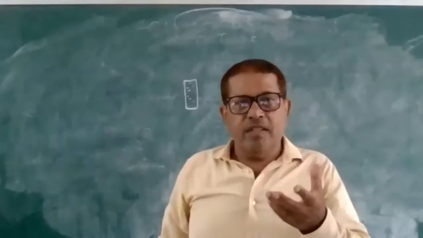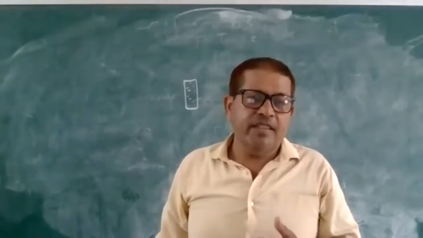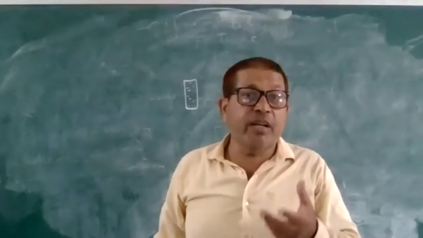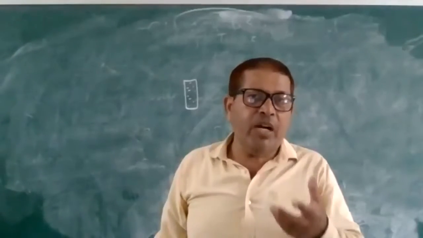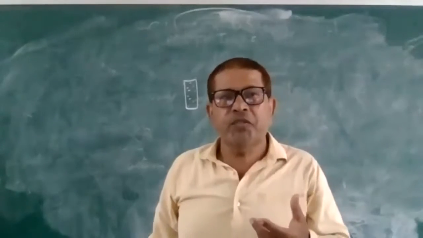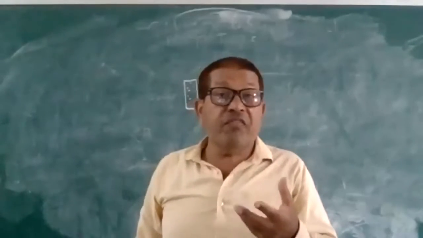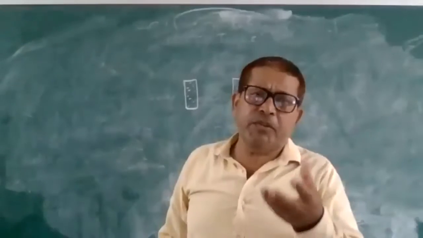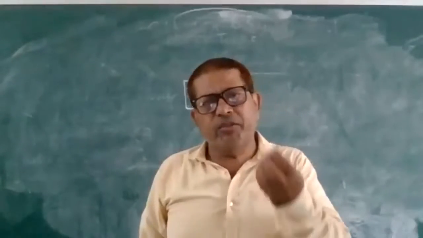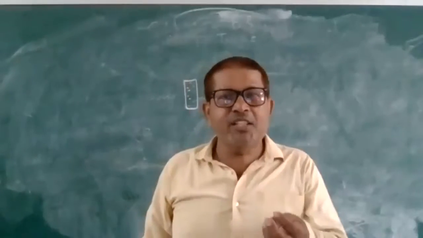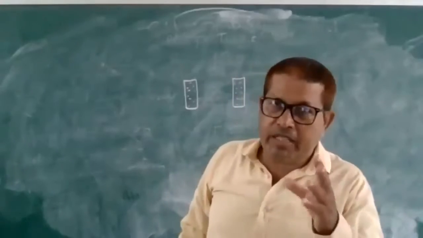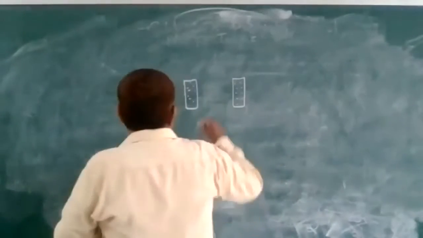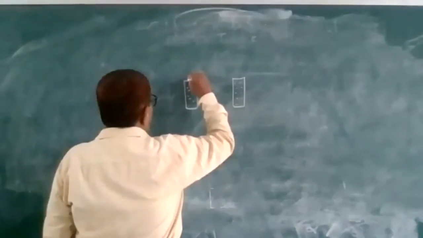For onion, we use the term onion bulb. It is a modified stem. The onion you eat is the onion bulb. So take this onion bulb.